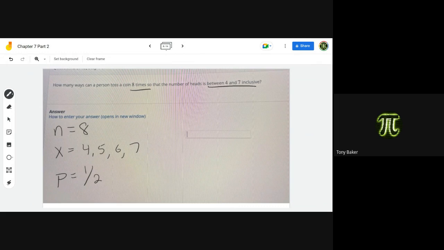All right, so 4, 5, 6, and 7. So we have to do this one 4 times. So I'm going to do x equals 4, x equals 5, x equals 6, and x equals 7. So we're going to go over to use the calculator. I'm going to do the exact same thing 4 times.